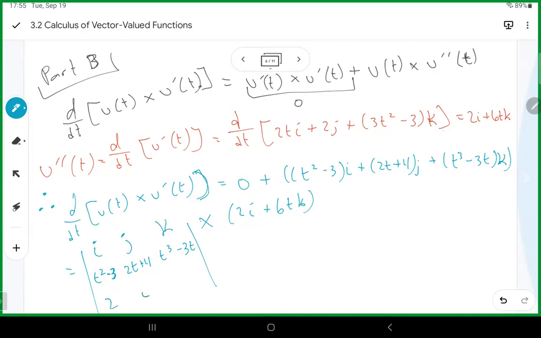And then 2, 0, 6t. That's going to give us 6t to 4i minus 6t, t squared minus 3 minus 2, t cubed minus 3t j minus 2 times 2t plus 4k.